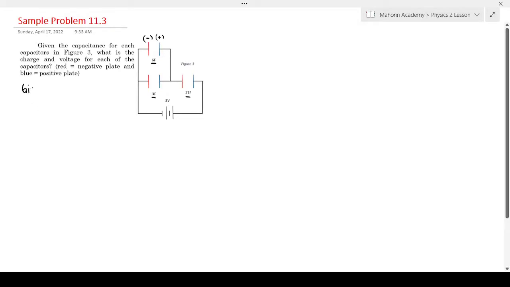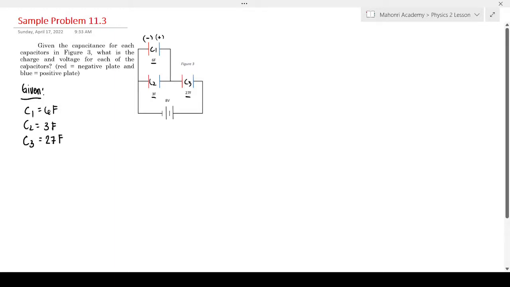If we are going to write our given, let's name these C1, C2, and C3. We have our C1, which is equal to 6 farad, C2 as 3 farad, C3 as 27 farad.